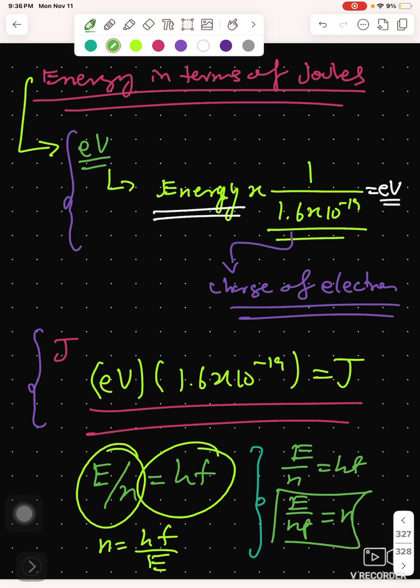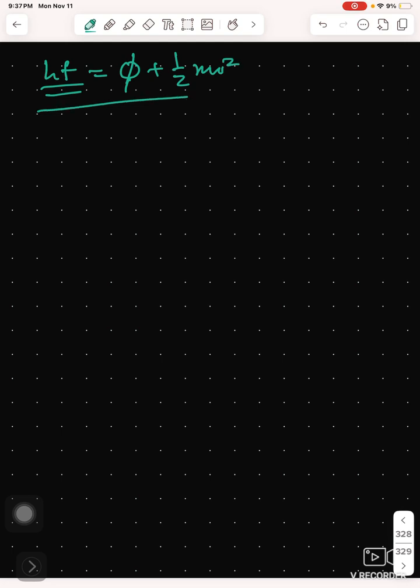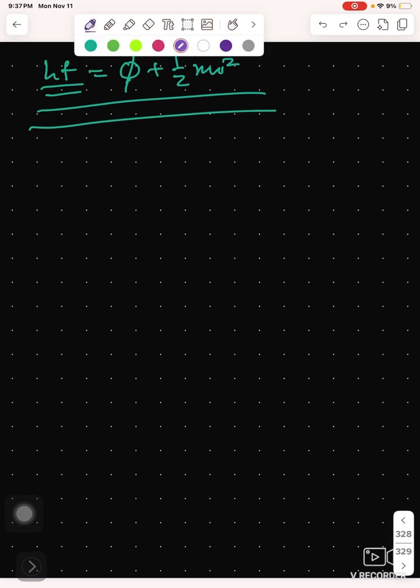Now, if we are given a situation in which they give the energy of the photon, of course at a higher grade they won't give it exactly the same. There will be some twist, and they ask us to get the kinetic energy of the electron. Let's first visualize what the question means.